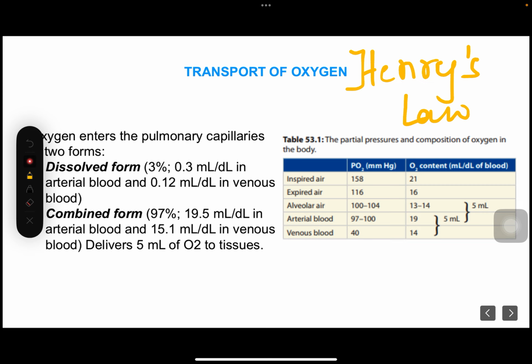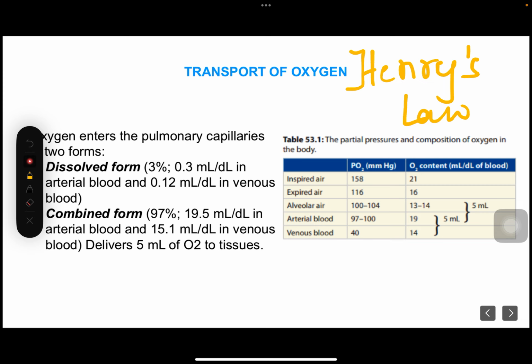Through the combined form, there are 19.5 ml of oxygen in 1 deciliter of arterial blood and 15.1 ml of oxygen in 1 deciliter of venous blood. So totally through this combined form, the amount of oxygen delivered to the tissues is about 5 ml.